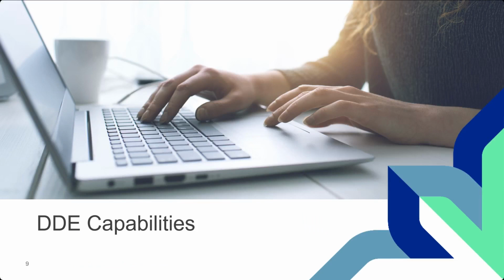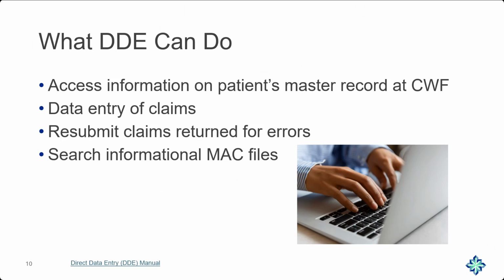So let's take a look at what you can do with DDE. You're able to monitor the claims that you've submitted, whether you keyed them individually into the system or that you've transmitted in batches. This is your window into your claims. Once they get into FIS, remember that's the Fiscal Intermediary Standard System, you can manage errors, check beneficiaries' eligibility information, and master record on what we call common working file.